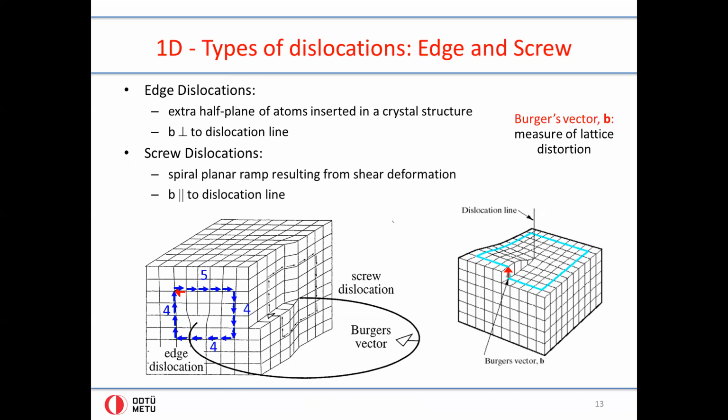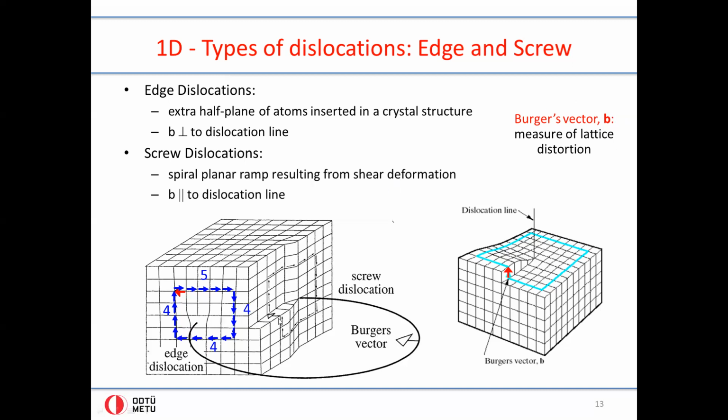So in the screw dislocation type, there is a movement that shifts one portion of the crystal with respect to the other portion, and the amount of movement or the amount of distortion on the 3-dimensional lattice is shown with what's referred to as the Burgers vector.